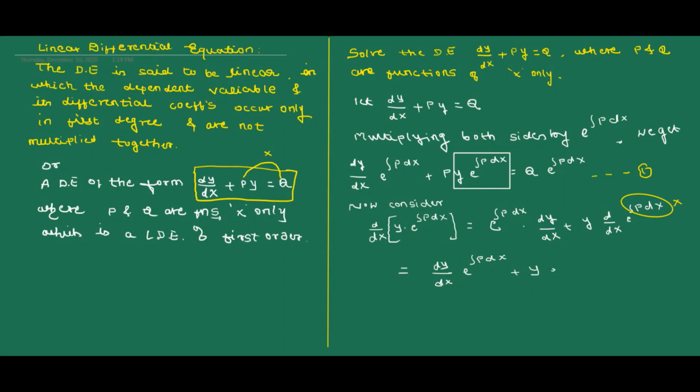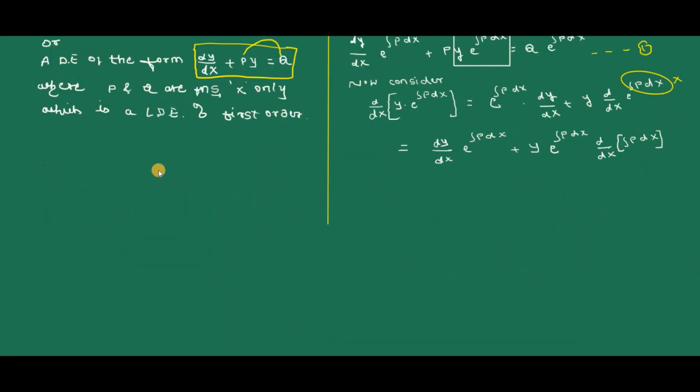It is e raised to x, but the x value is integration of p into dx, and then we have to differentiate d by dx of integration of p into dx.